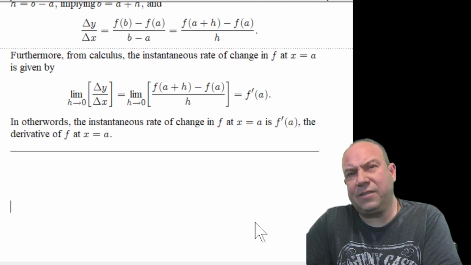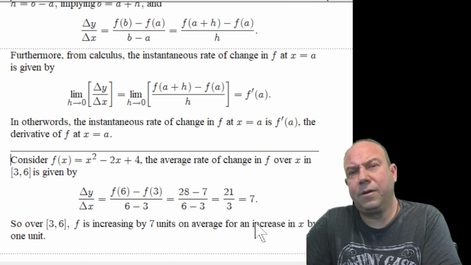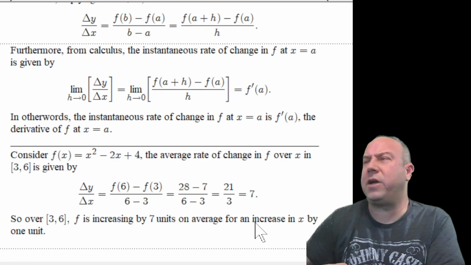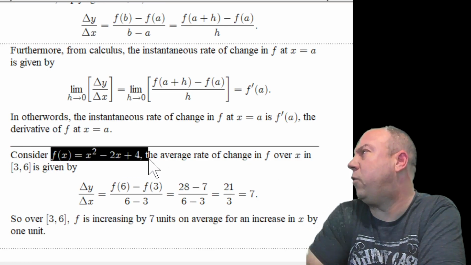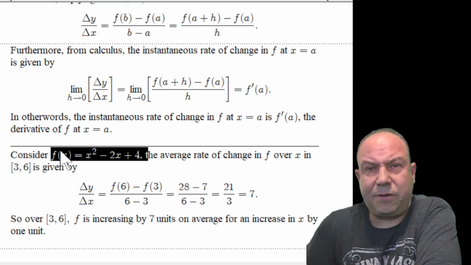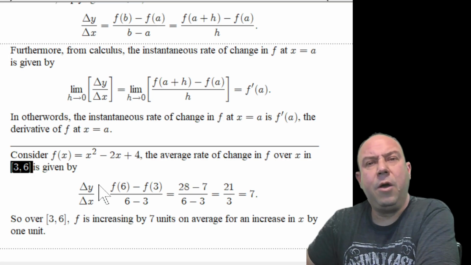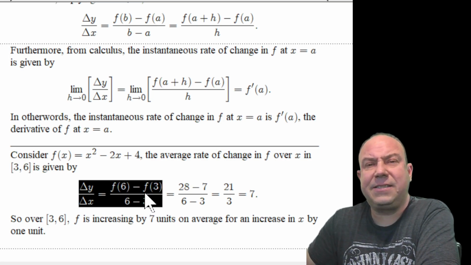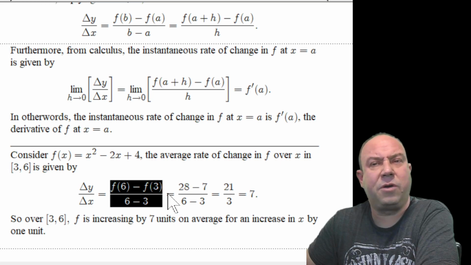We can look at an example of these calculations. All right. We might consider the average rate of change in this function here, f of x equals x squared minus 2x plus 4. And let's consider the average rate of change from 3 to 6. Well, from 3 to 6, it's f of 6 minus f of 3 divided by 6 minus 3.